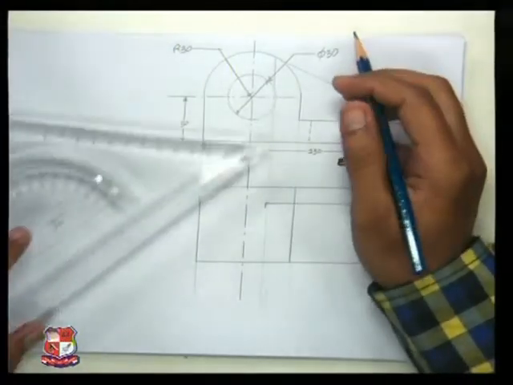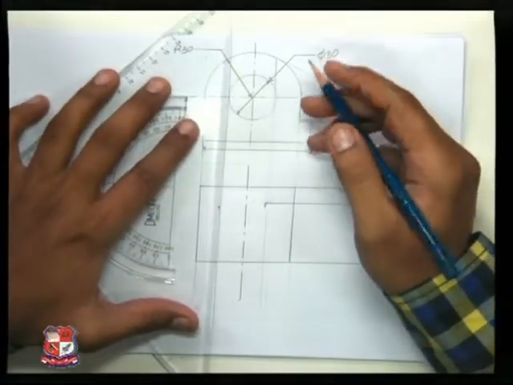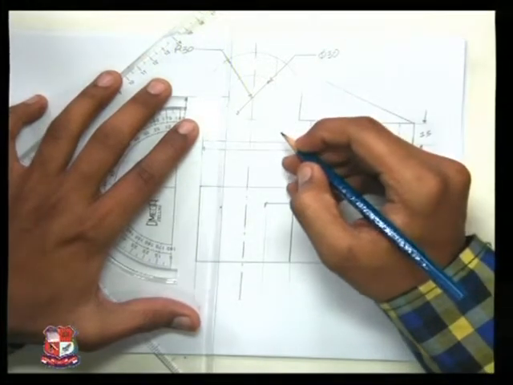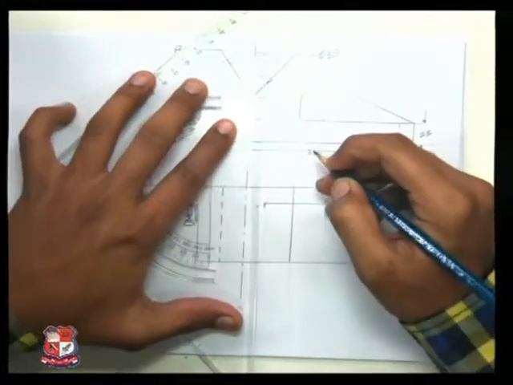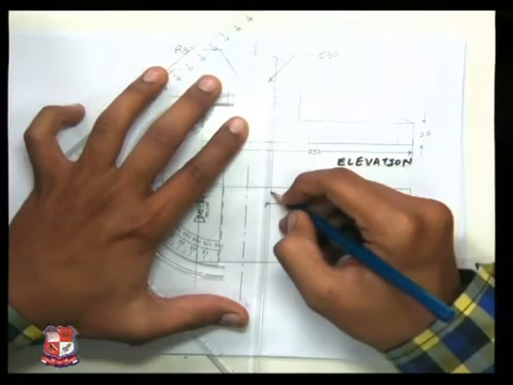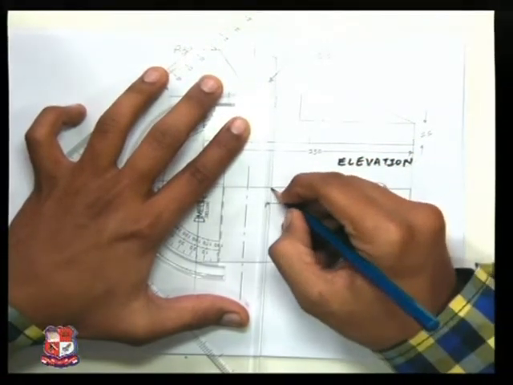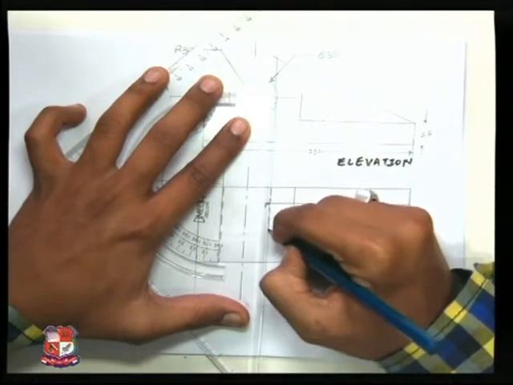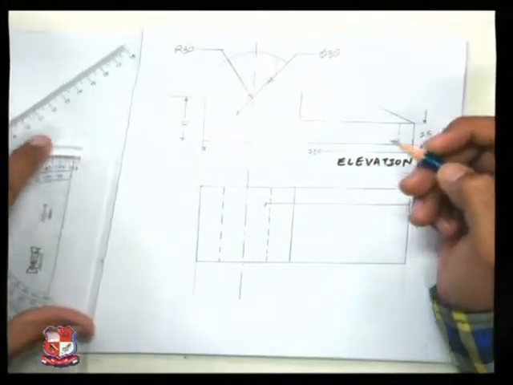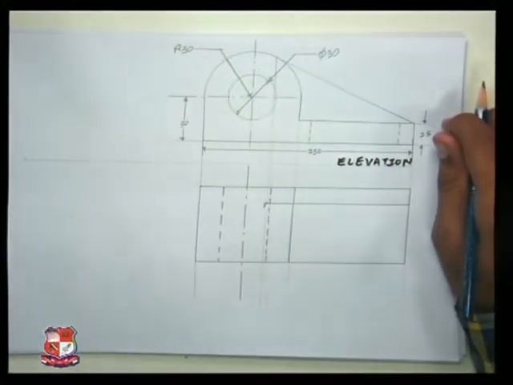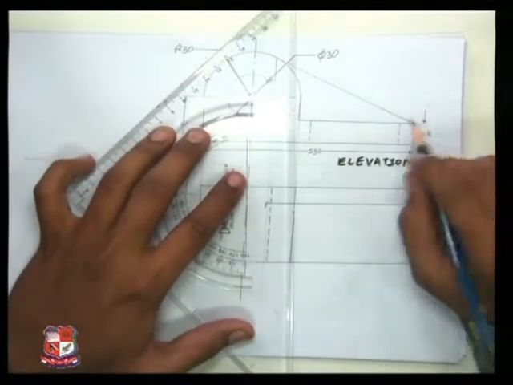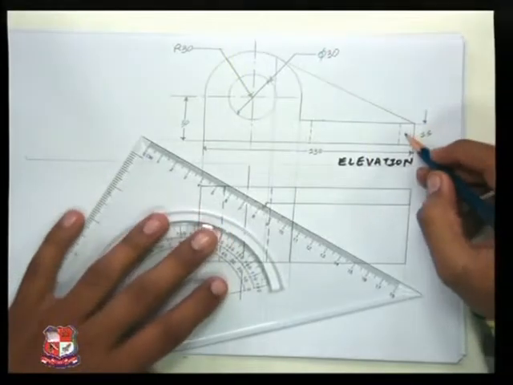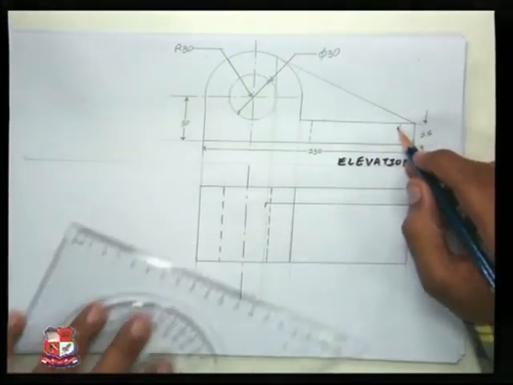This inner circle would be shown in the hidden line. Now about these hidden lines.